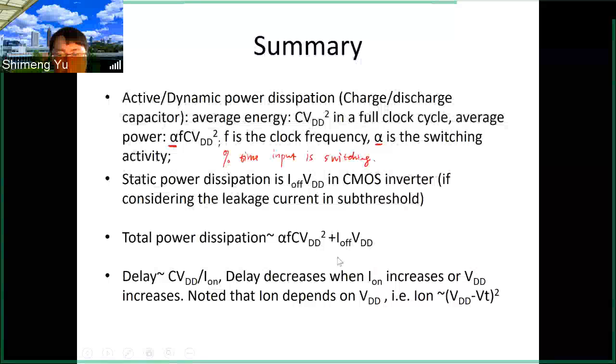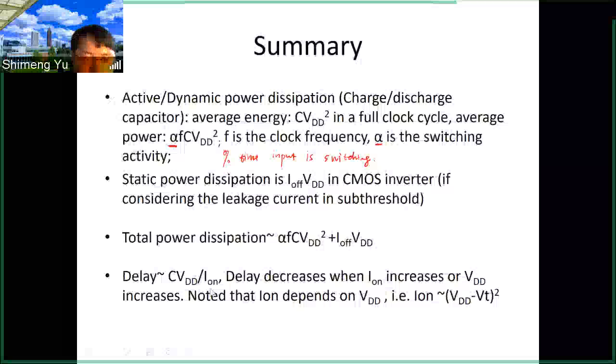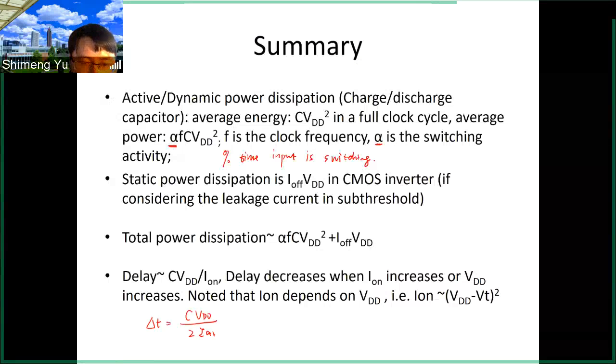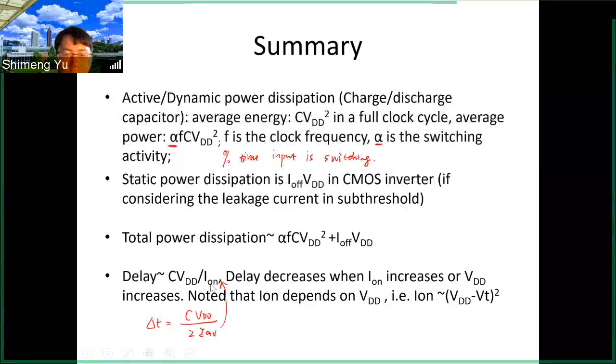But there's a trade-off here, because the delay is, to the first order, C VDD divided by I on, the on-state current. Why is that? If you recall, the t_p delta T is like C VDD over an average current. To be accurate, it is the average of the saturation current and the linear current, but to the first order, it's close to the saturation current of the transistor.